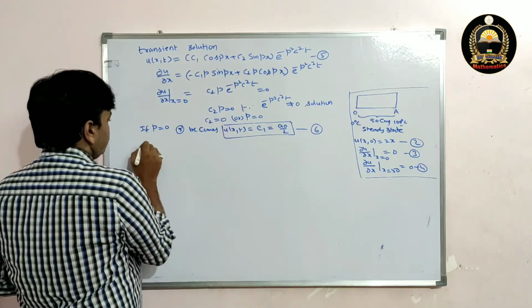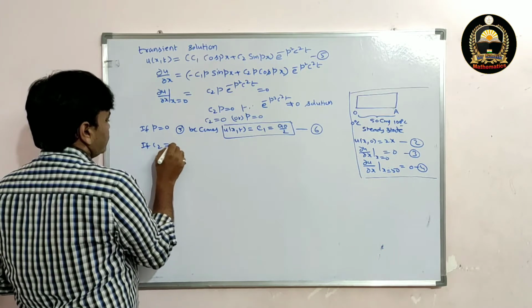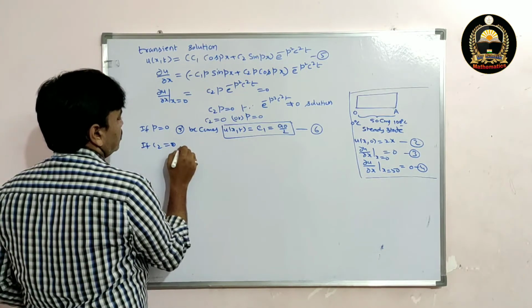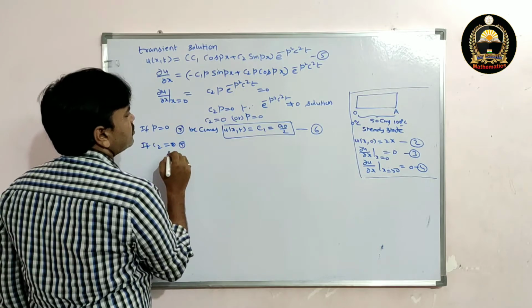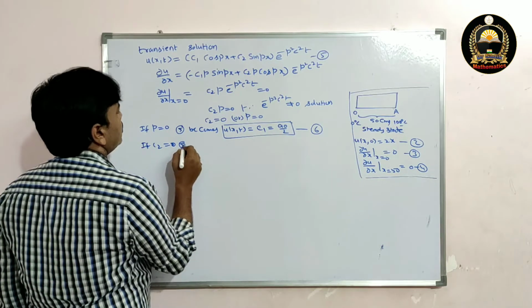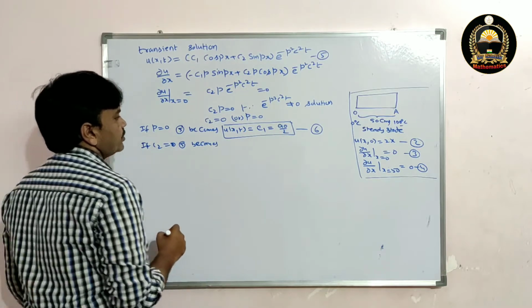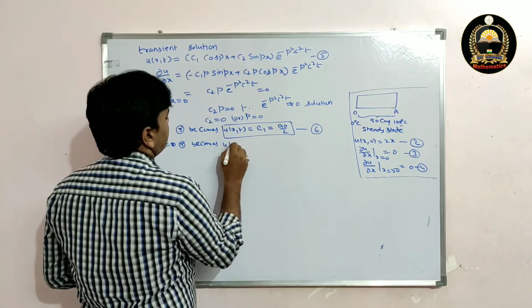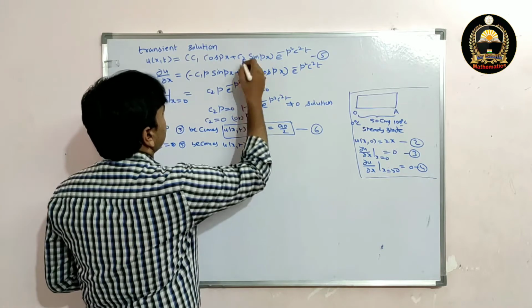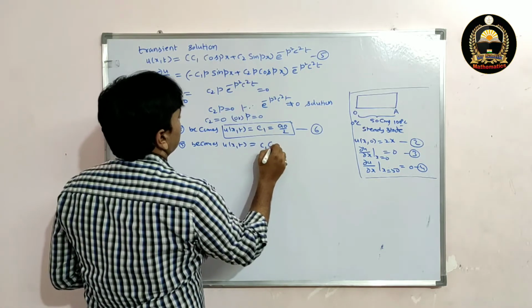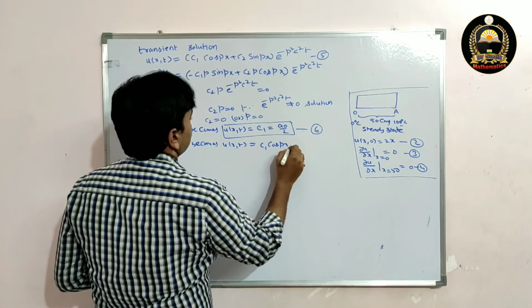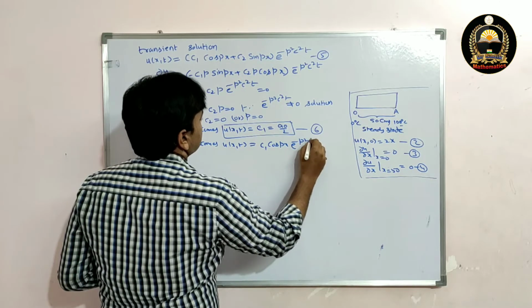Now if C2 is equal to 0, equation 5 becomes u of x comma t, that is equal to, with c2 value 0, students. We get c1 cos px into e power minus p square c square into t.